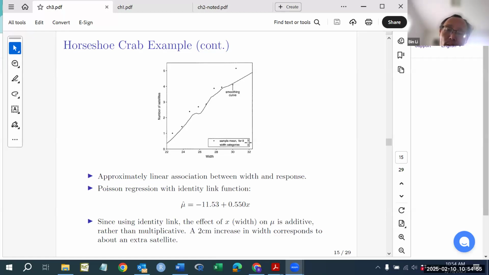Okay, so in this plot, you can see we have 8 dots in the plot. So these 8 dots show the average width and the corresponding average number of satellites for each of the 8 groups.